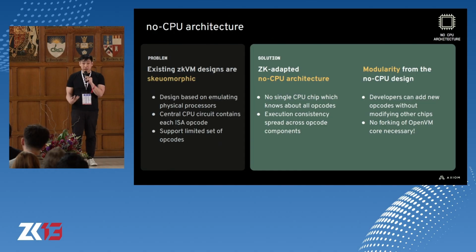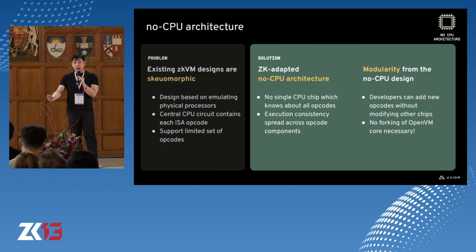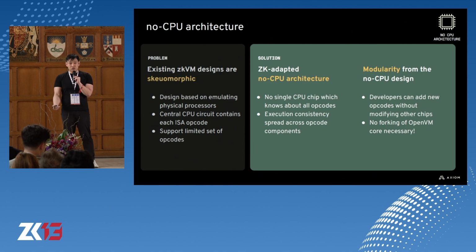First, it just removes a lot of cells from the trace, allowing for faster proving. But probably more importantly, it allows us to create modularity at the ISA level. If you want to add more opcodes to the VM, you simply create a chip that plays well with the other chips and conforms to the API interface. And in particular, because the central CPU circuit doesn't need to know about any other opcodes, you don't need to fork the core library.